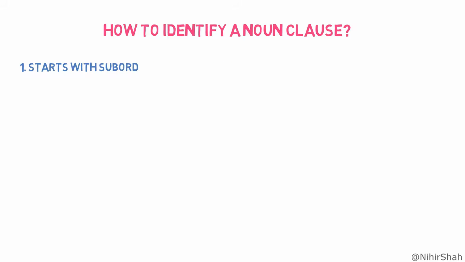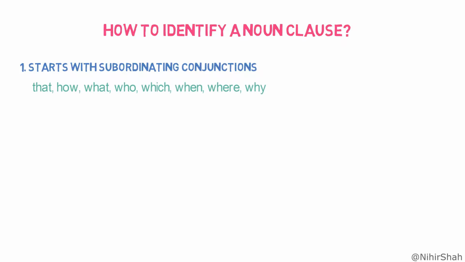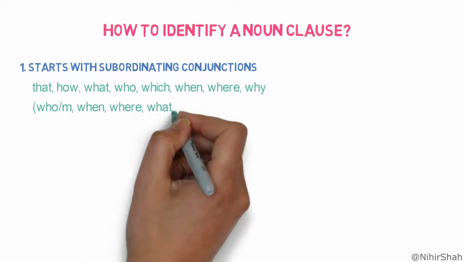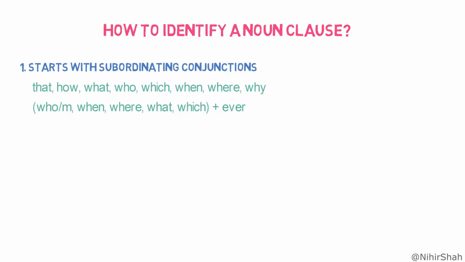How to identify a noun clause in a sentence? There are two steps to identifying a noun clause. Number 1, a noun clause generally starts with subordinating conjunctions: that, how, what, who, which, when, where, why, or whoever, whomever, whenever, wherever, whatever, whichever.